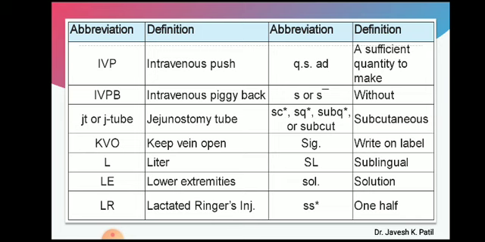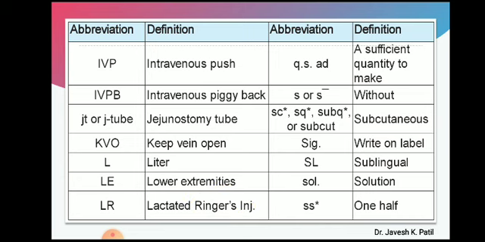KVO, keep vein open. Then L for liter, which we use. LE means lower extremities. LR, lactated Ringer's injection, that might be used by you.